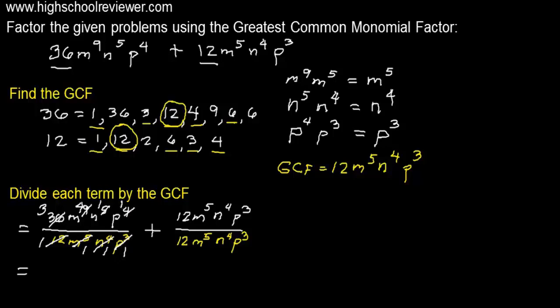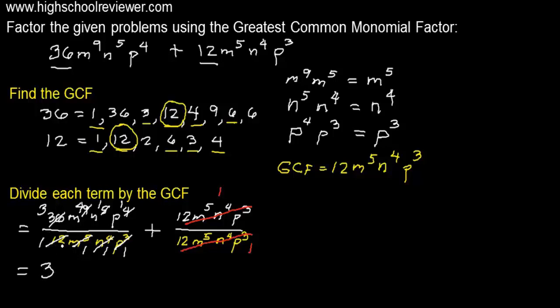Okay. And looking at this second term, we can see that the numerator is the same as the denominator, so we can just cancel this out since this is also equal to 1. What remains on the first term will be 3.